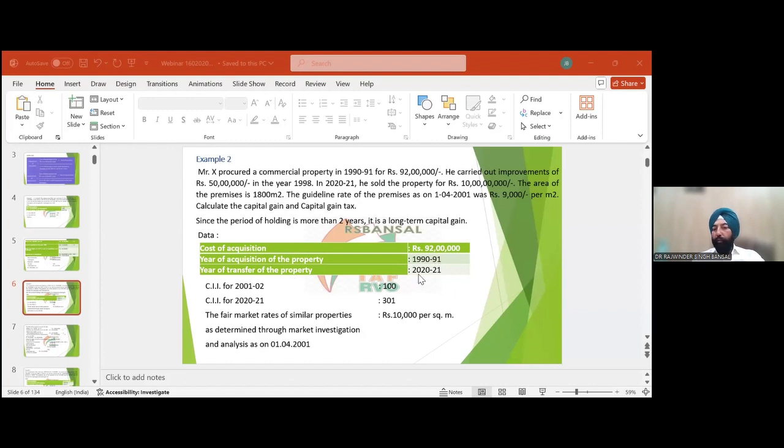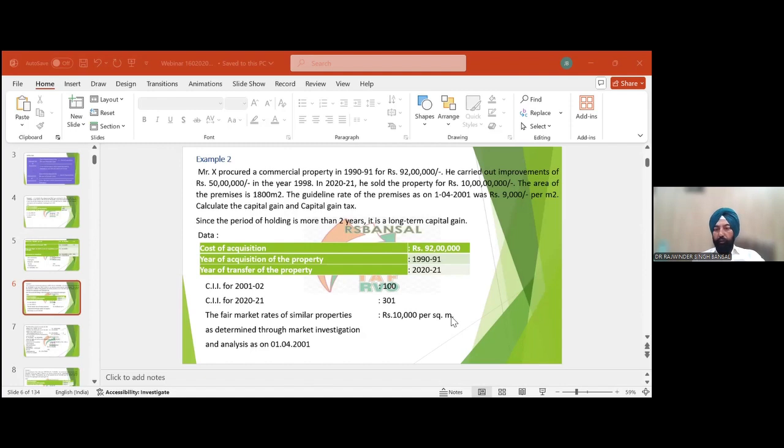Year of transfer is 2021. Cost inflation index for 2001 is 100 and for 2021 is 301. It is also given that the fair market rate of similar properties as determined through market investigation and analysis as on 1st April 2001 is 10,000 per square meter.